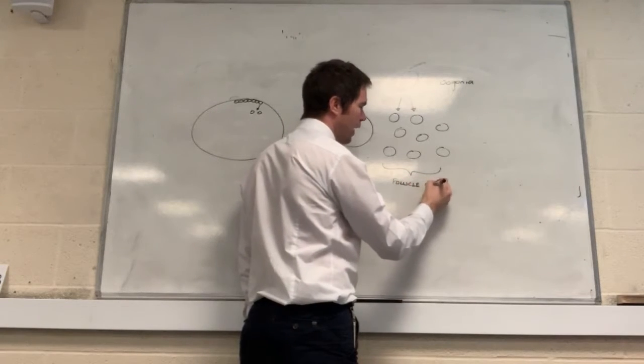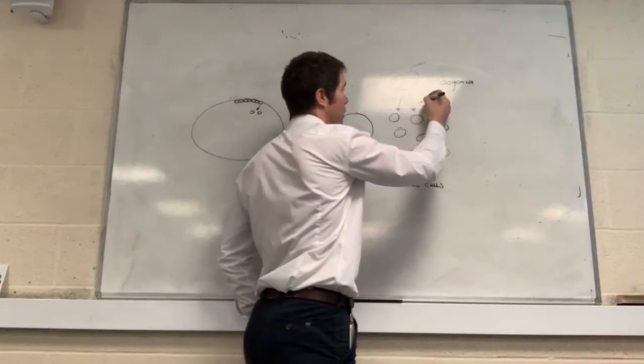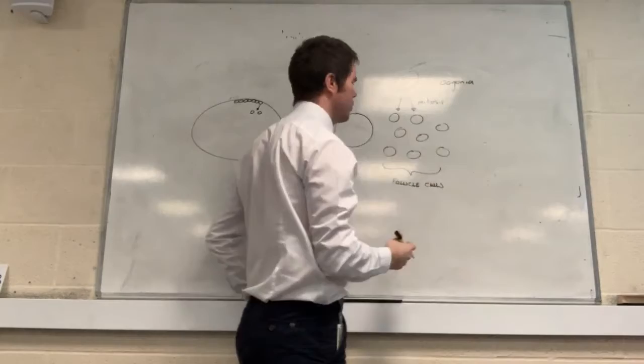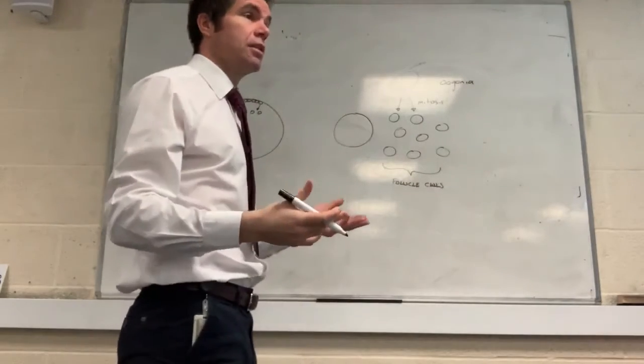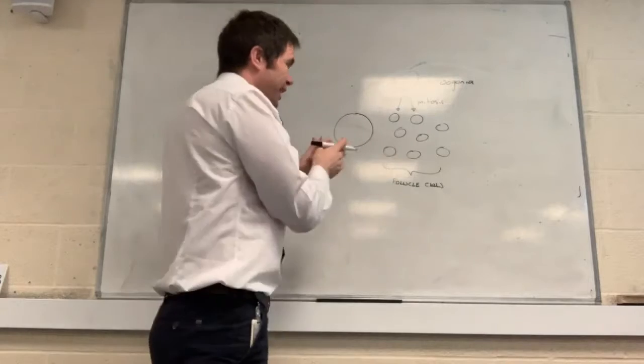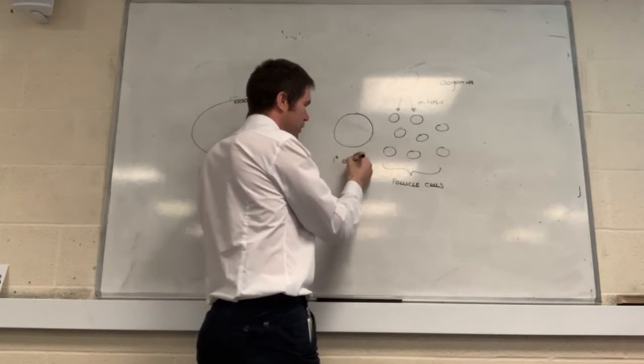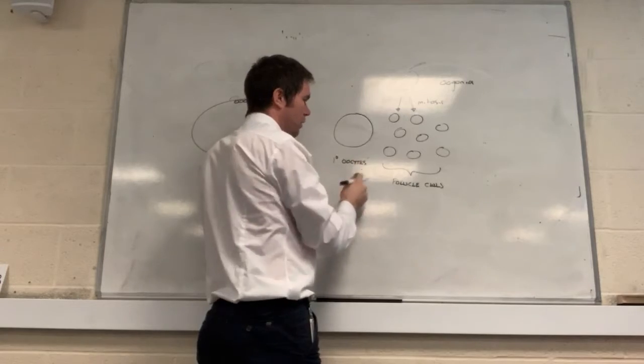Now the sticking point, you say, well hang on a minute, mitosis should surely result in forming identical cells. Yes, but then there's a degree of specialization, so we end up with two subpopulations: primary oocytes and follicle cells.